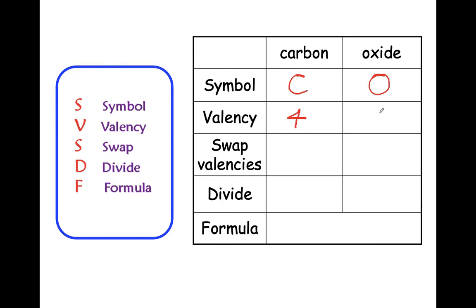Oxygen is in group 6. It has a valency of 2. What we do then is we swap these valencies over. So the 4 moves to underneath the oxygen and the 2 moves underneath the carbon. We then look at these numbers and see if we can divide them to make them any smaller. Now 4 can be divided by 2 to give 2, and 2 can divide by itself to give 1.